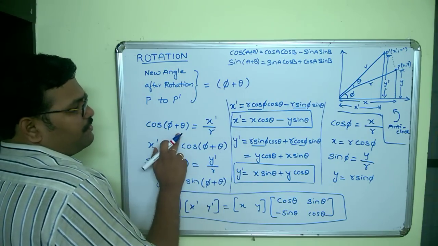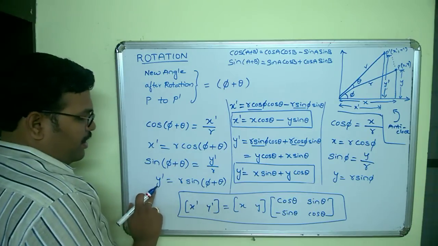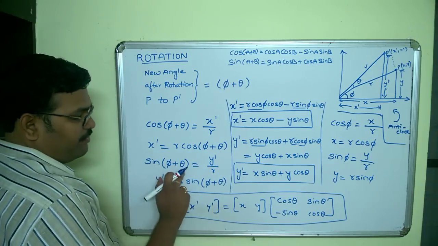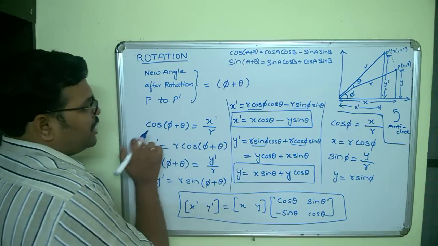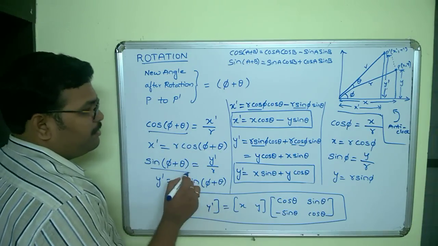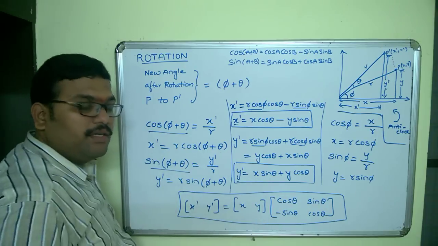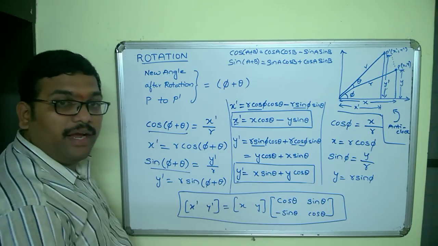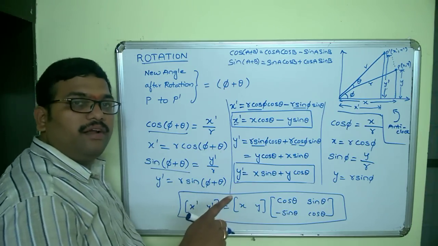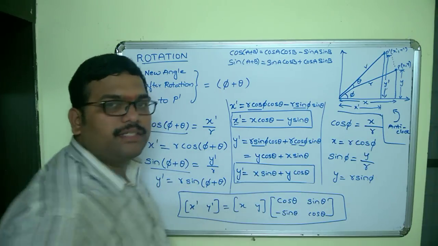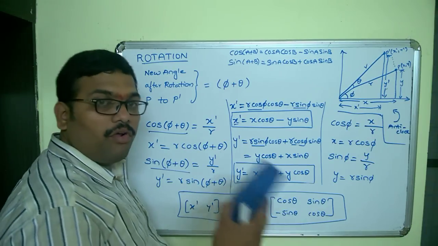Then cos(phi plus theta) is equal to x' by r, and sin(phi plus theta) is equal to y' by r. Here we just expand cos(a plus b) and sin(a plus b) so that we get x' and y'. So this is the matrix representation to find x' and y' if the point is rotated in the anti-clockwise direction. Now let us see the same in the clockwise direction.